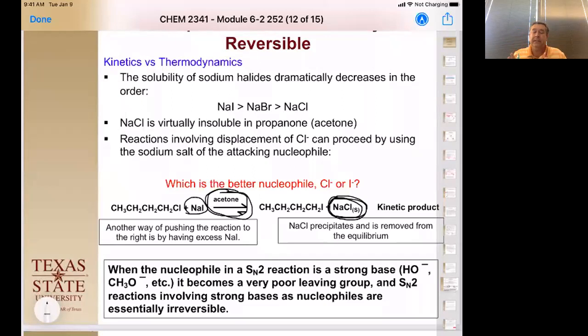Even though it's a less stable bond, it will form that product by that precipitation. Question on that? So all of these are reversible to some extent, although most of them tend to lie toward the stronger bond or toward the weaker base.